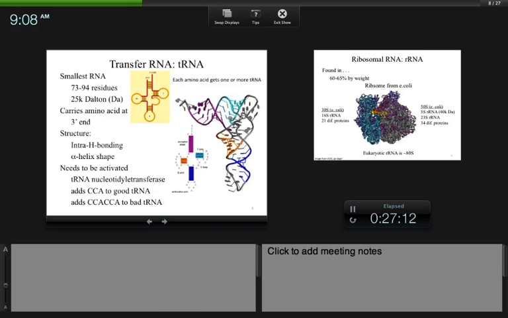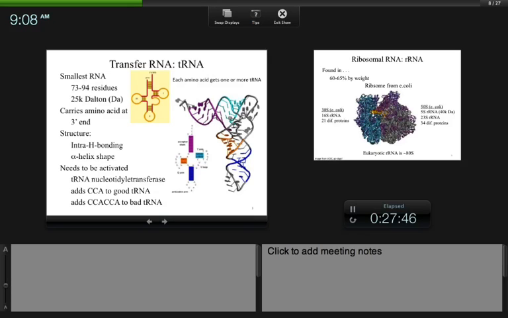It's going to carry your amino acid at the 3' end. If we take a look at that secondary structure, you'll notice that we see some base pairing within it. Within that strand, it folds up on itself, and it does get hydrogen bonding interaction between those base pairs. So it does sort of have a helix, that base pairing system of 2 strands, but it's all intra-strandular. In that process, we're going to have a little tail hanging off on the 3' end.